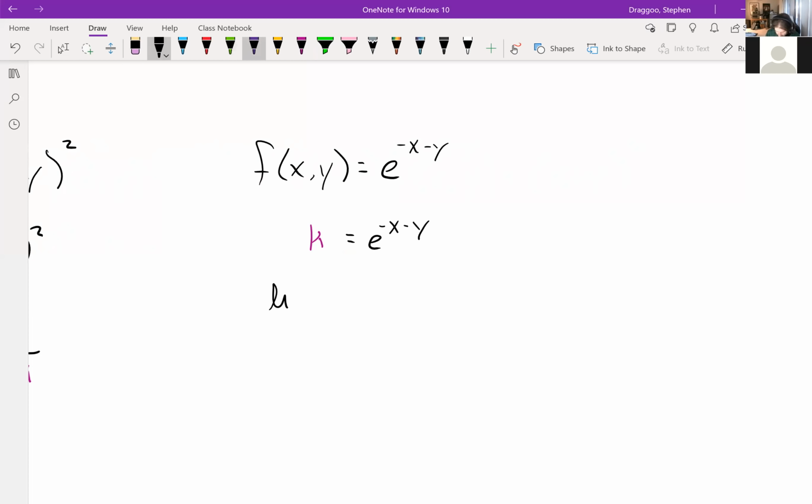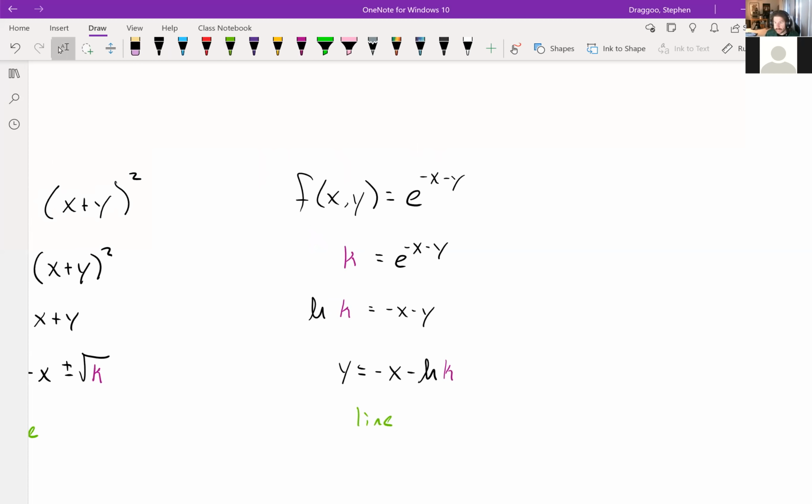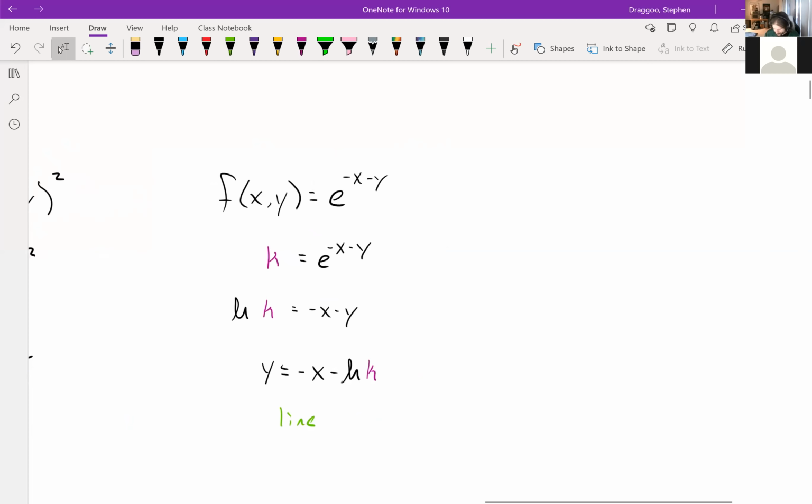So I've got natural log k equals negative x minus y, which means y equals negative x minus the natural log of k, which once again comes out to be a line. Yeah, I was really feeling line examples today, apparently. Thought I was gonna have at least one that was hyperbolic. Oh well. Is that the end? Yeah, it's the end.